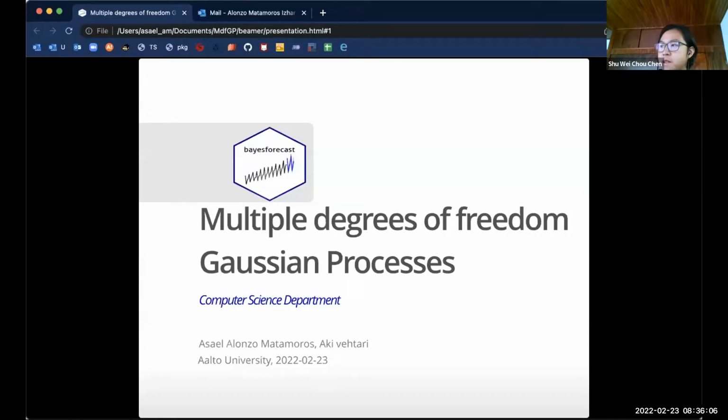He also developed R packages for Bayesian time series models and generalizing Gaussian processes for non-parametric and functional analysis. And he's going to present his presentation with the title Multiple Degrees of Freedom Gaussian Processes. So you can begin now.